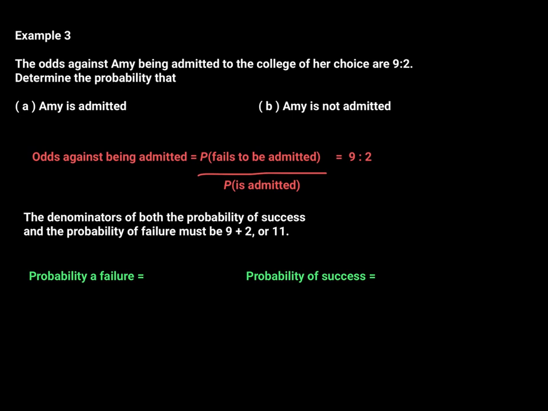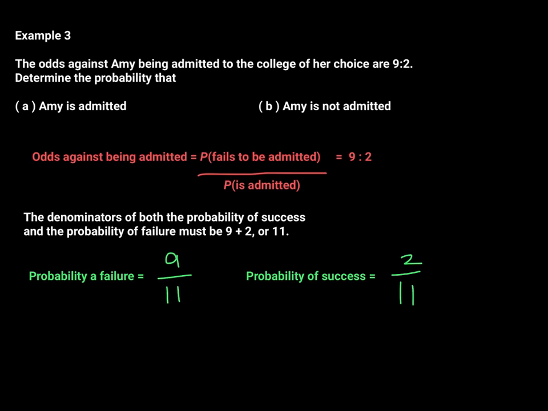That's what odds against means. So that means 9 is the failure and the 2 is success. Therefore, the probability of failure must be 9 over 11, and the probability of success must be 2 over 11.